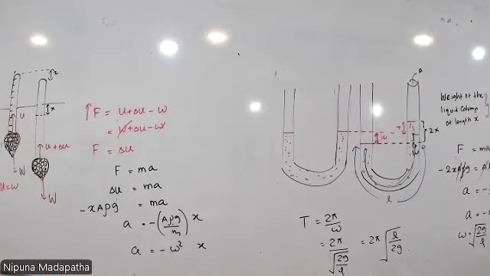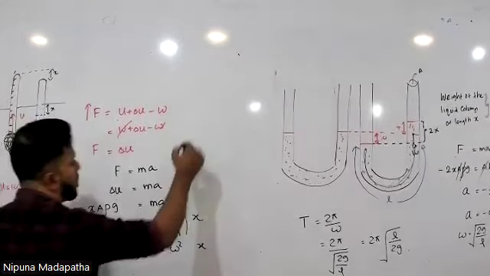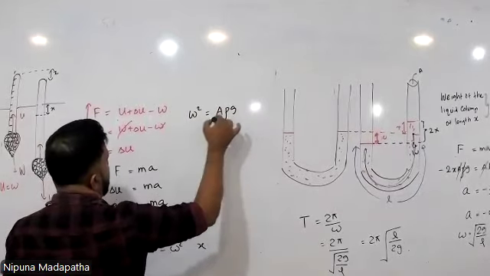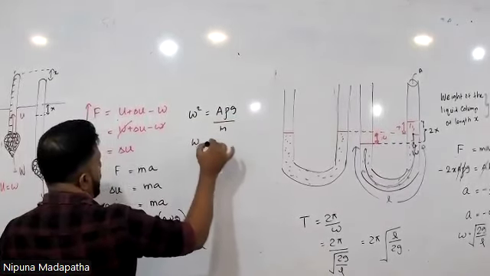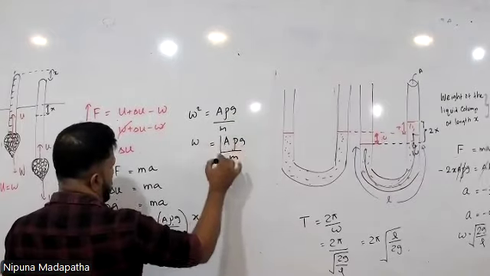Excess upthrust, the pressure force again. Omega squared is a rho g over m. Omega is the square root of a rho g over m.